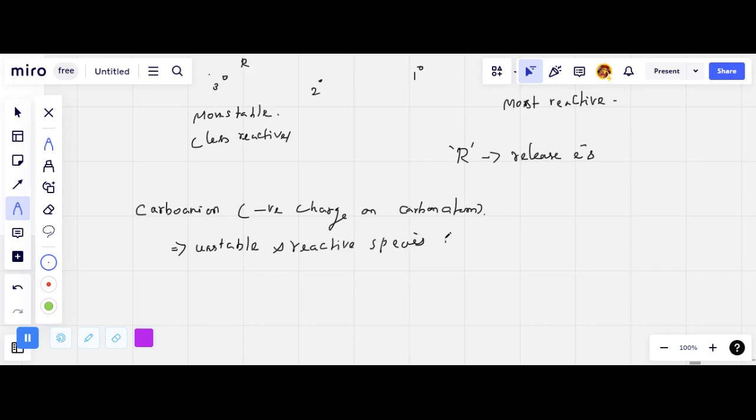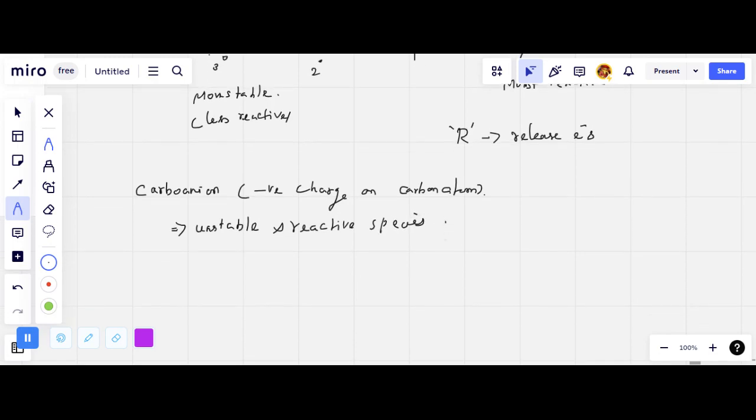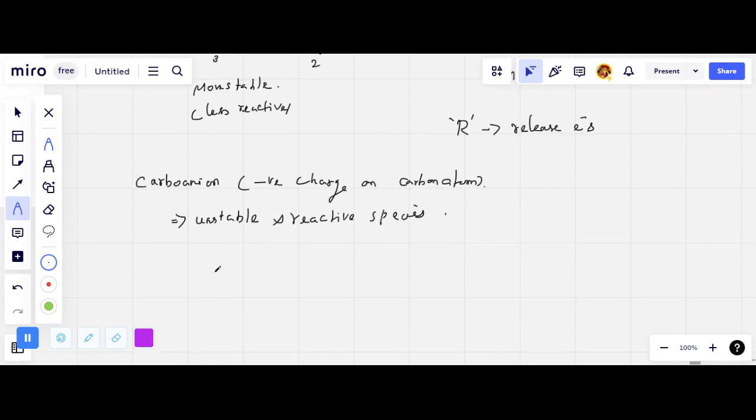Suppose you take a tertiary carbanion. It's like three carbons, this is tertiary, but the carbon has a negative charge. Secondary means it's R R, so two alkyl groups are there.